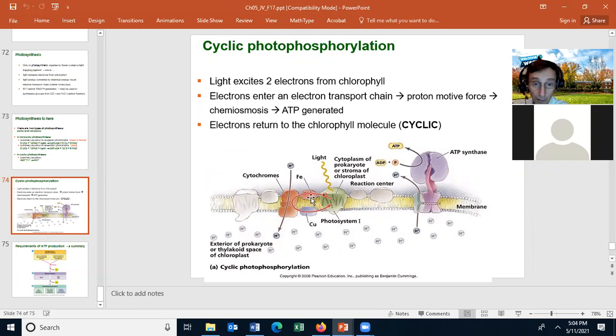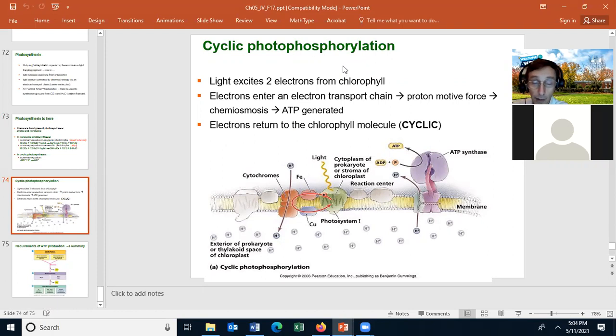The electrons move to this protein in a membrane, and to this protein in a membrane, and to this protein in a membrane, and back to this protein in the membrane. You'll notice that the electron starts from chlorophyll and it ends up at chlorophyll. That's why it's called cyclic photosynthesis or cyclic photophosphorylation.